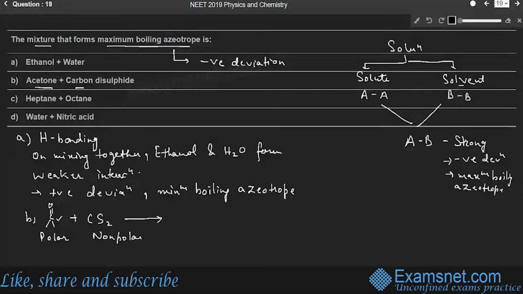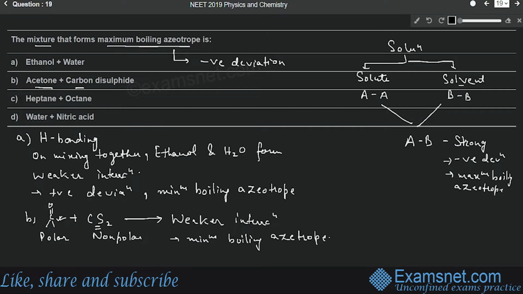The acetone loses its polarity because carbon disulfide gets in between two acetone molecules, okay. So again they will form weaker interactions, same as the first one, okay. So weaker interaction, that means which type of azeotrope? Minimum boiling azeotrope, okay? Minimum boiling azeotrope. Again, this will not be the correct answer.